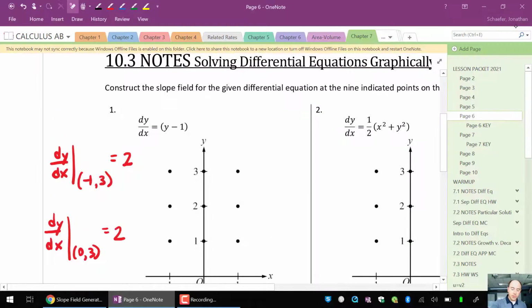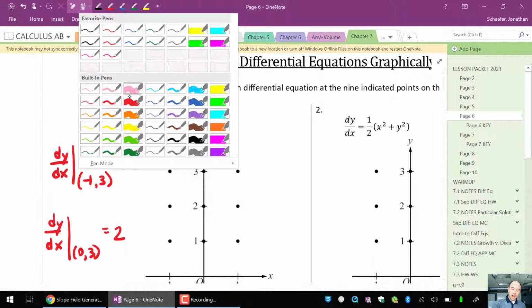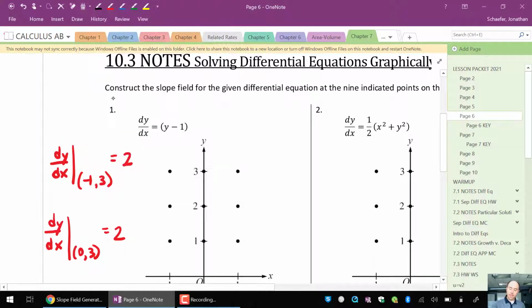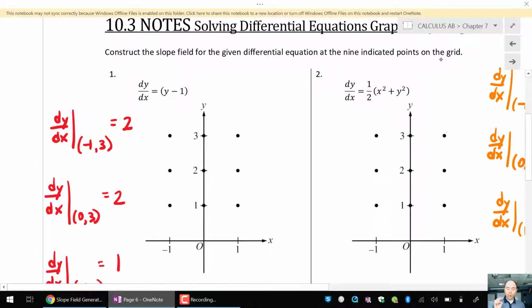So what I would like to do is plot a little slope tick mark on the dot at -1, 3. But I need to know what kind of slope to sketch. Am I sketching a positive slope, a horizontal slope? Is it a negative slope? And then what is the steepness of the slope? So I really want to get specific and figure out what the value is of my derivative.